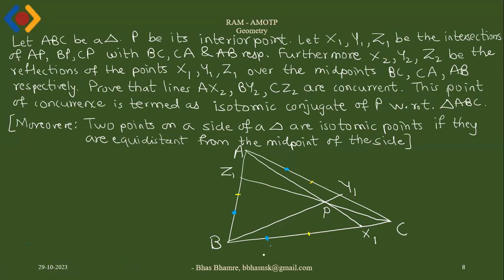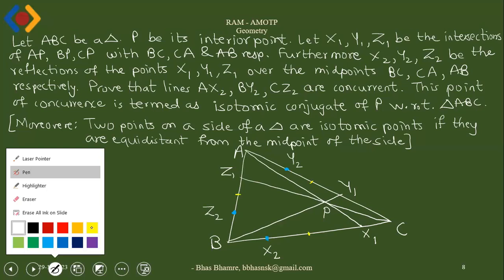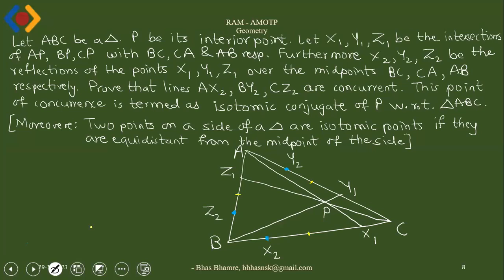So this is our X2, this is our Y2, this is our Z2. And when we draw them like AX2, BY2, now in my figure it is not coming, but it's okay.